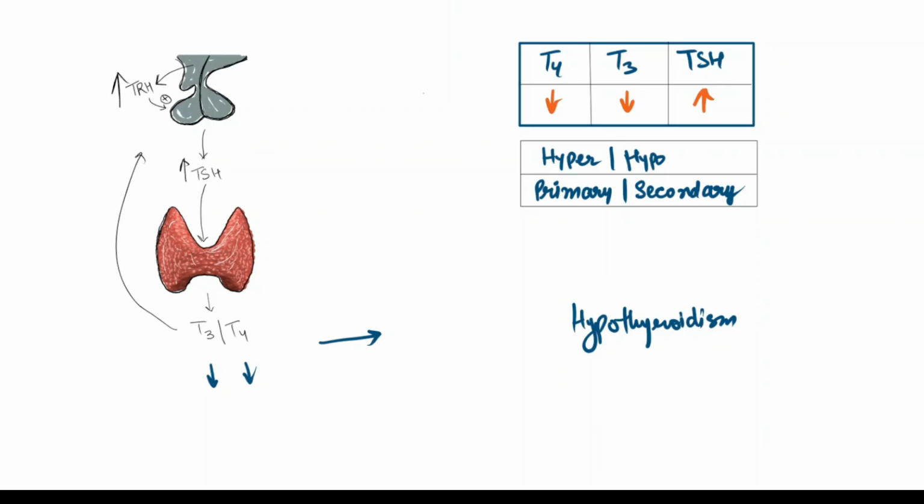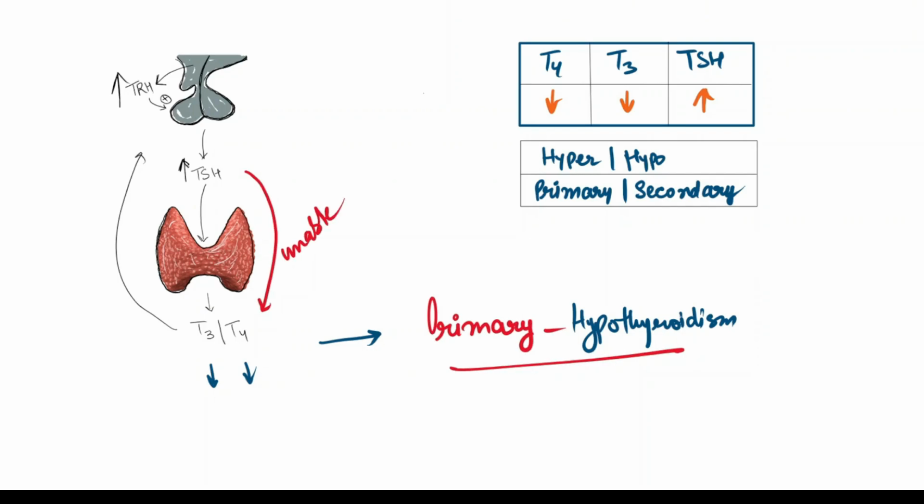As the pituitary gland senses the thyroid hormone levels in the blood are low, in response it increases the production and release of TSH. So in this case the pituitary is functioning well. So this is the case of primary hypothyroidism. So the increased level of TSH is unable to stimulate the production of T3 and T4. So the problem is within the gland.